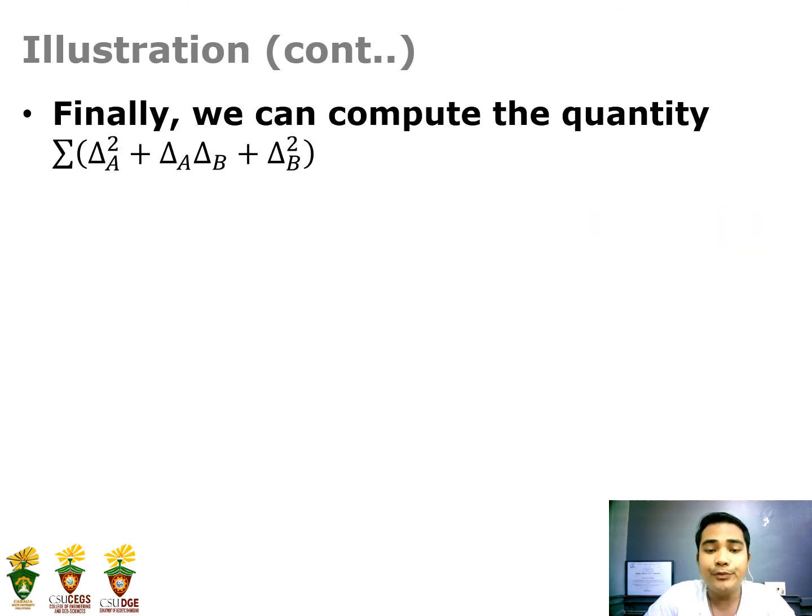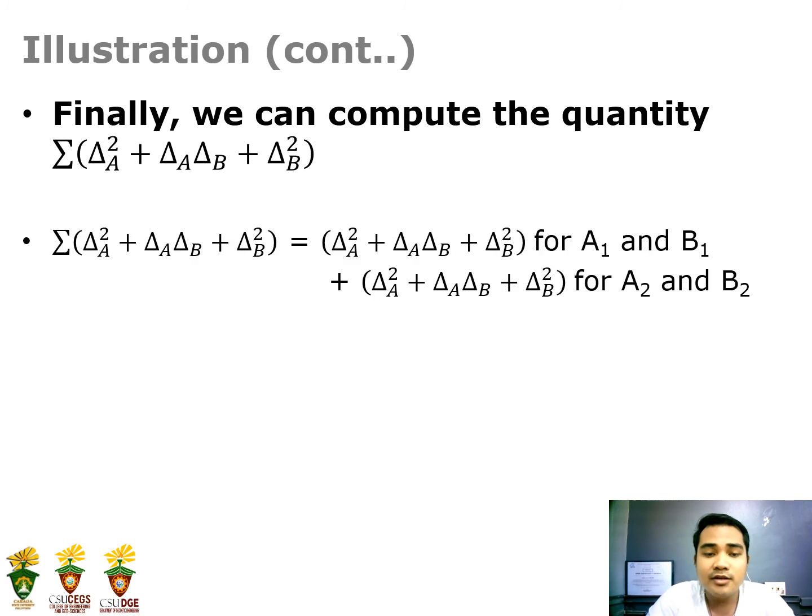So finally, we can compute the quantity of the summation of change in A squared plus change in A times change in B plus change in B squared. Kung saan mo na siya gikuha, kinaaman siya yung summation nga sign, i-add lang ang value ani niya, for the first pair of distance angles, which is ang A1 ug B1, ato na na-compute ganina sa previous slide, ug kani nga ato nakuha ganina sa previous slide for pair of distance angles, which is ang A2 and B2.